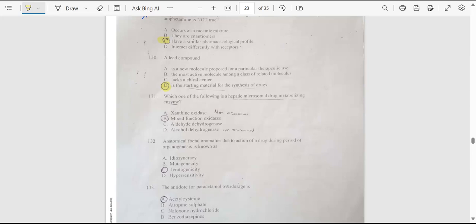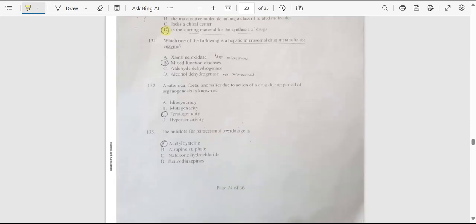Then it goes ahead to give the whole process of hit to lead, how you develop a lead compound from your hit, and so on. So you can just check that link. Okay. Then we can do the next one.